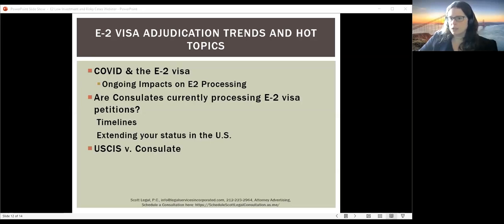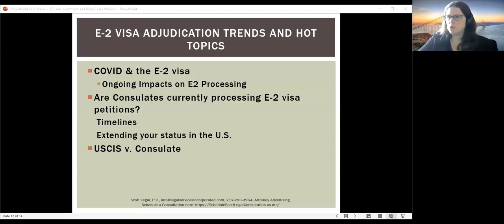If you're in a position where you really can't wait for a consulate appointment and you're already in the US, maybe you are here as a student and your OPT is finishing up, or you are already here in E2 status and you need to extend or get a new E2 visa, but the timelines aren't matching up with your needs. There is an option to extend your status in the United States or to change your status from a valid status like F1 to E2.